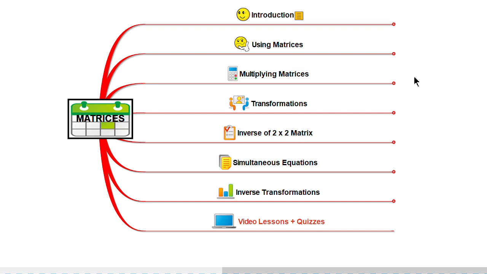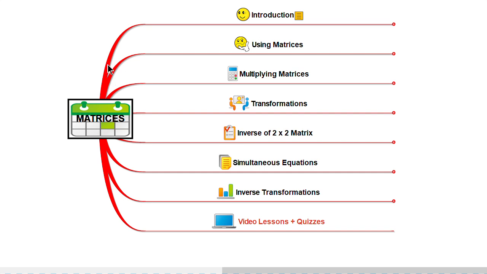Your brain also processes information 10,000 times faster through images than through texts. So take advantage of the science backed technique of creating mind maps to boost your understanding of matrices.